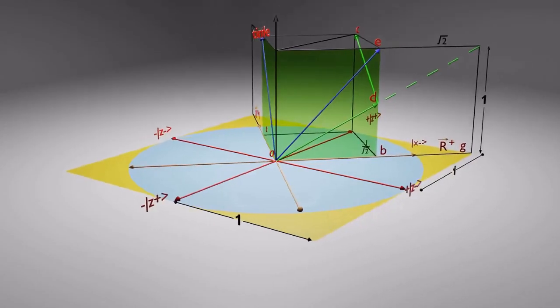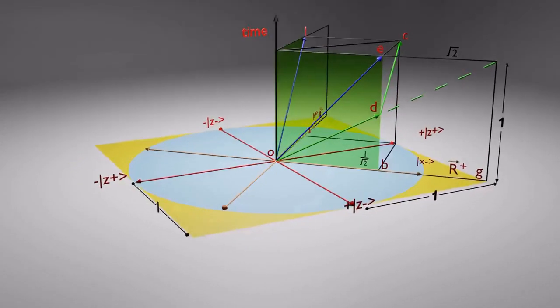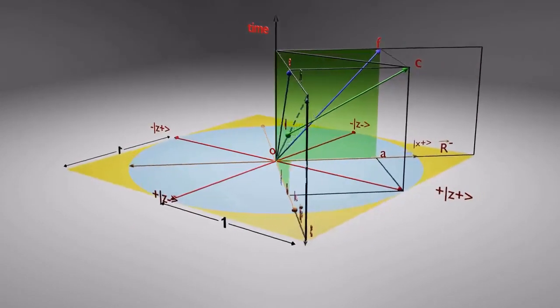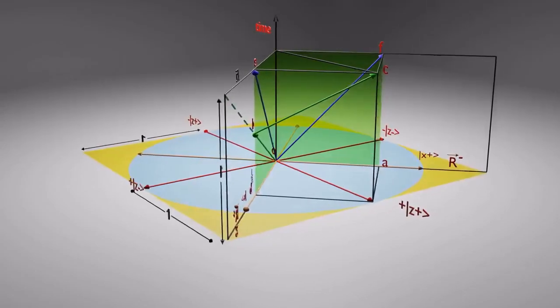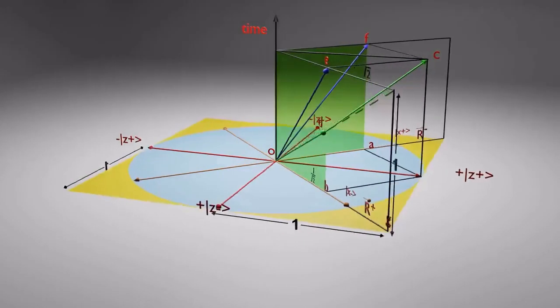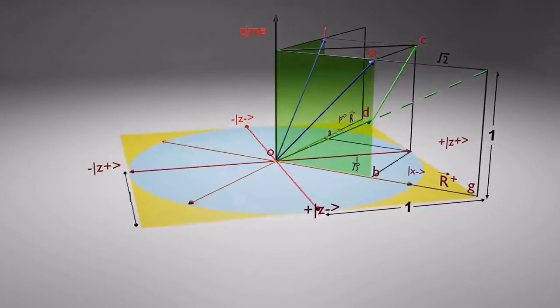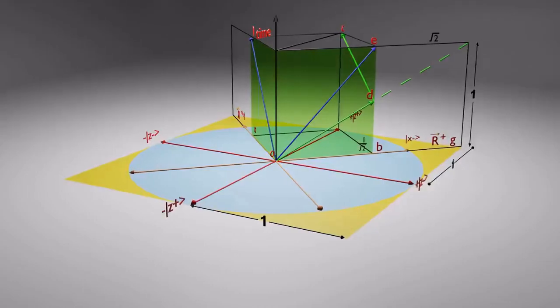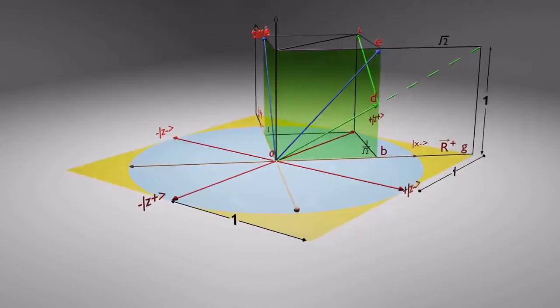Notice that both the green and the blue lines in the 3D z plus z minus t space have identical projection onto the 2D z plus z minus plane as the parallelogram formed by the x plus and x minus ket vectors. By pretending that time does not exist in the real universe, ignoring the time dimension altogether, we can obscure this distinction.